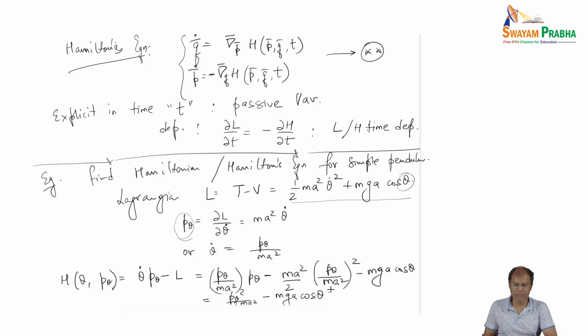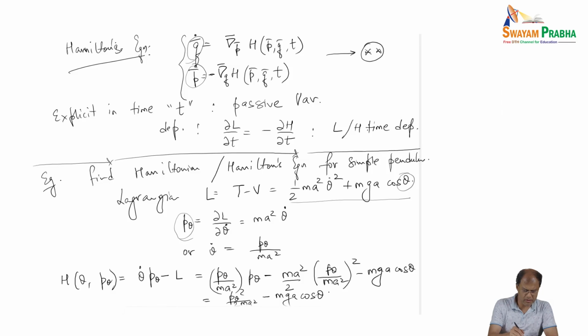So after all the simplifications, we see that my Hamilton's equation will be in the form of q dot and p dot. So we will have to write an equation, in this particular example, in terms of theta dot, which is our q dot, and p theta dot, which is our p dot.